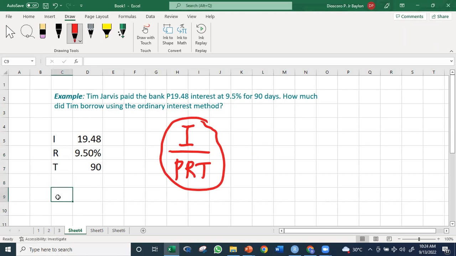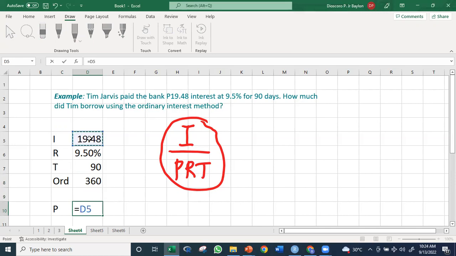Okay, so P, that's what we're looking for. Let me just put ordinary 360, because we're told that the interest was computed based on ordinary days. Therefore, our principal is interest over R times time, right?